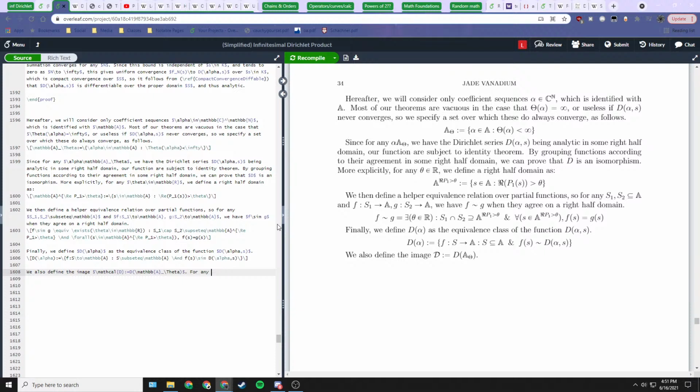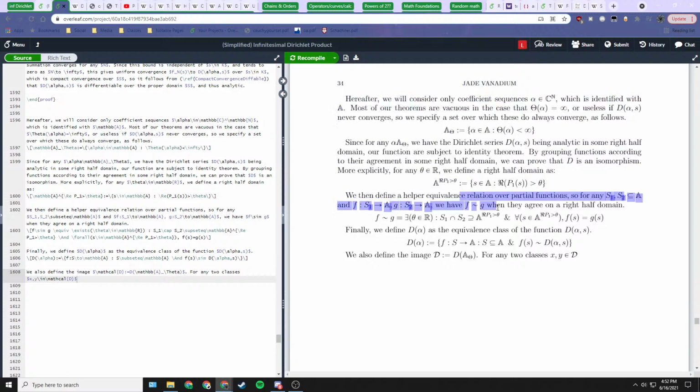For any two classes x, y in this class D. To be clear, in case we're confused, a right half domain is where the real part of s is greater than theta.